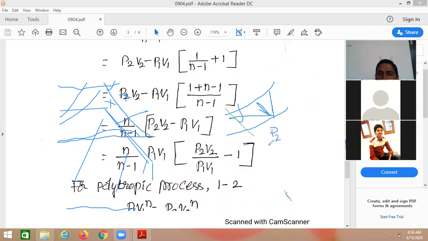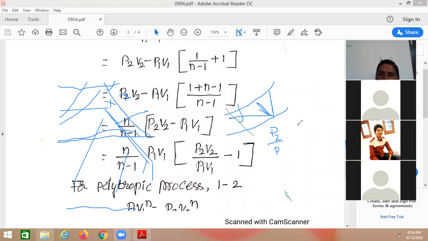We know already P2 by P1 equals... We know T2 by T1 equals (P2 by P1) whole power (n minus 1) by n, and similarly T2 by T1 may also be written as (V1 by V2) whole power (n minus 1).